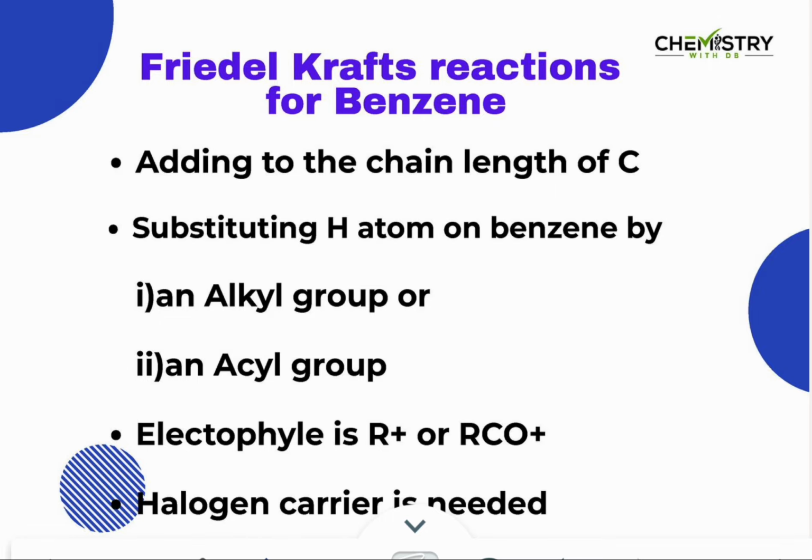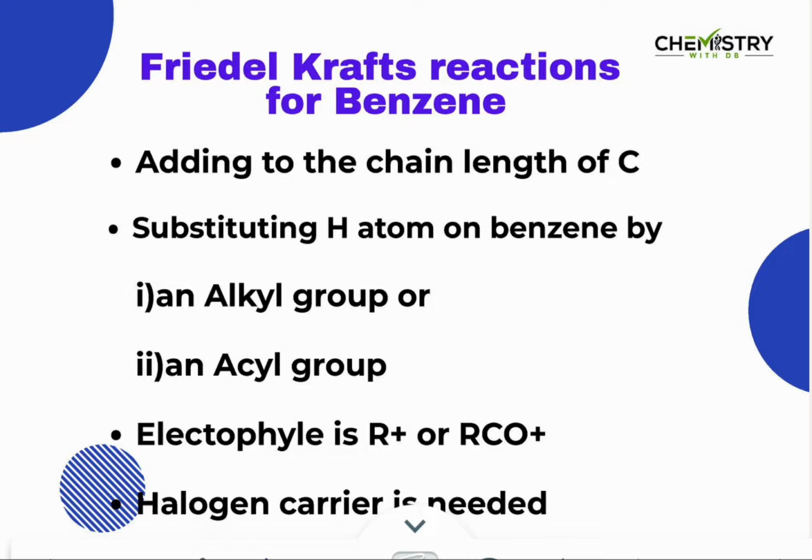Friedel-Crafts reactions are when we add onto the benzene ring and increase the chain length by increasing the carbon atoms. So the two types of Friedel-Crafts reactions are alkylation, when we want to substitute one of the hydrogens with an alkyl group, for example a methyl group or ethyl group, propyl group, any alkyl group, then in that case the reaction type is alkylation.